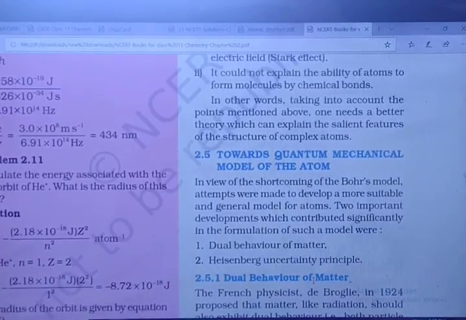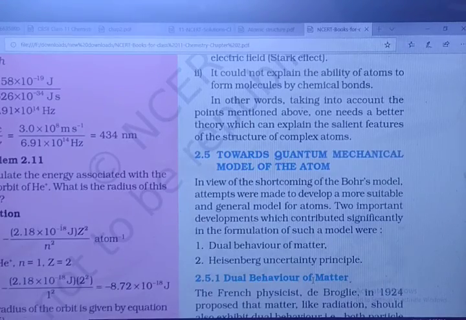See what Bohr could not explain, it is already written here. These two things: both natures of matter, meaning particle nature and wave nature, and second, the Heisenberg uncertainty principle. What is the Heisenberg uncertainty principle? He told us that you can't calculate the position of an electron and its momentum at the same time.